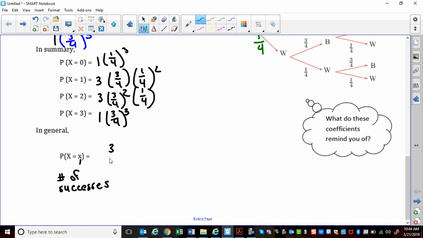It is 3 choose x, 3 over 4 to the x, and 1 over 4 to the 3 minus x. I think we use n choose r or n choose k, a to the n minus k, and then b to the k. That's what we used. Same formula.